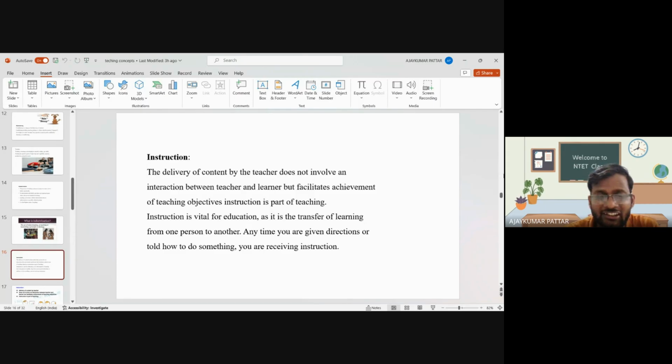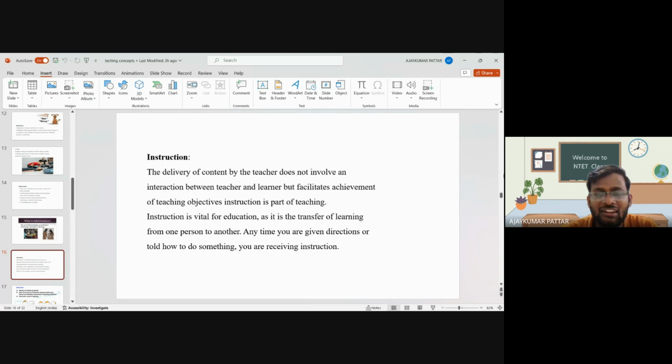Instruction is a part of teaching. Instruction is vital for education, as it is the transfer of learning from one person to another. Anytime you give directions on how to do something, you are giving instruction.